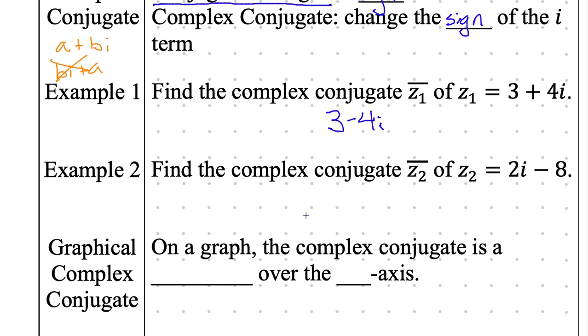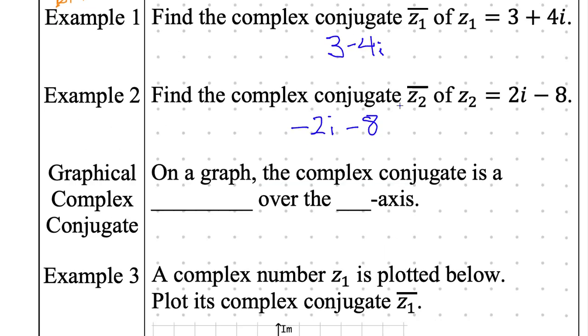Look at the i term, Gio. There's your imaginary term. Change that one. Negative 2i minus 8. There it is. Thank you, Gio. 50 XP to Gio. This one was written backwards, and that's the reason that we changed the sign of the first term instead of the second term. So far, so good?